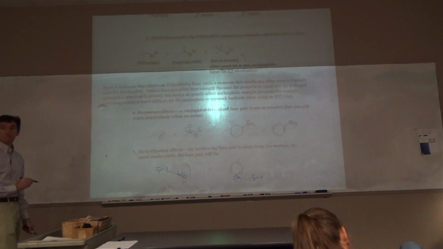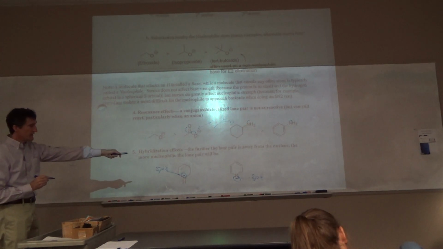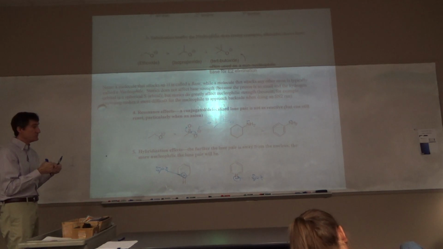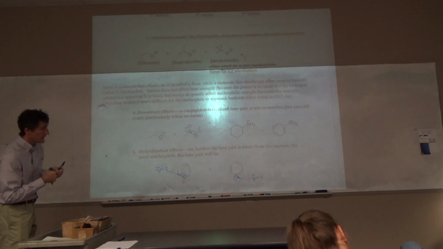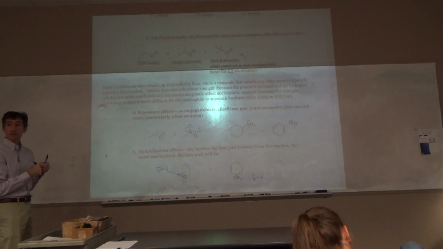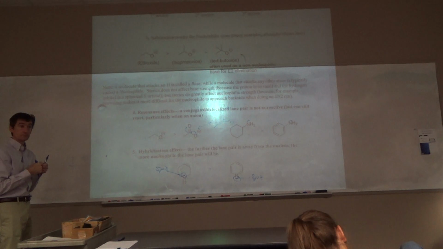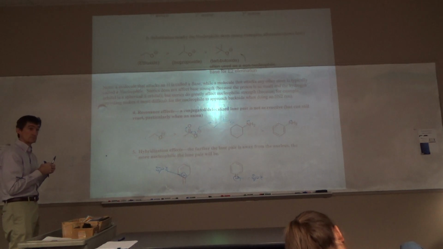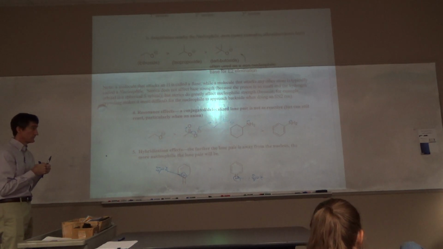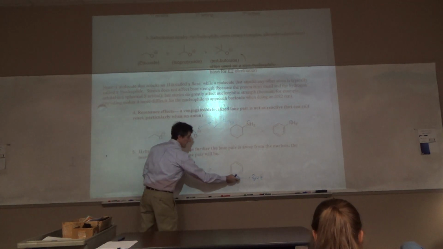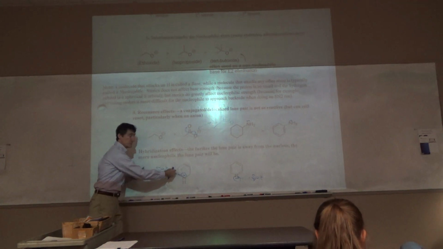sp3. The sp2 nitrogen is a better parent. It holds the lone pair tighter. The sp2 orbital is 33% s, more s character. More s character, the electrons are closer to the nucleus. These electrons are not held as tight.